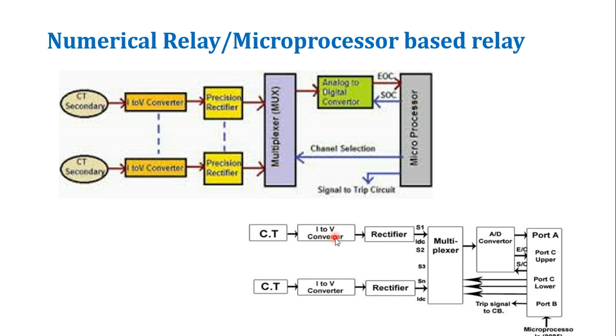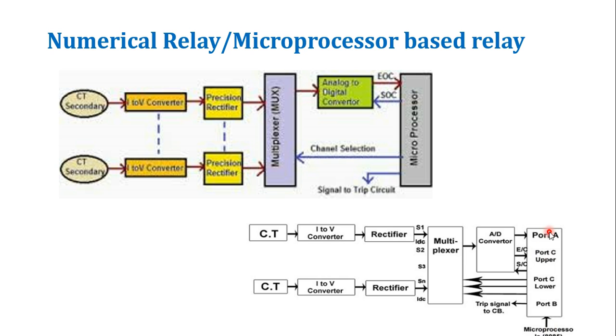So there will always be a current to voltage converter, and the microprocessor works suitably on DC values, so there will be a rectifier for converting AC to DC. Both current transformers will have a current to voltage converter and rectifier, and the two inputs are given to the multiplexer. As the microprocessor is a digital device, there will be an analog to digital converter for converting these analog quantities into digital values. These digital outputs are given to the inputs of the microprocessor.